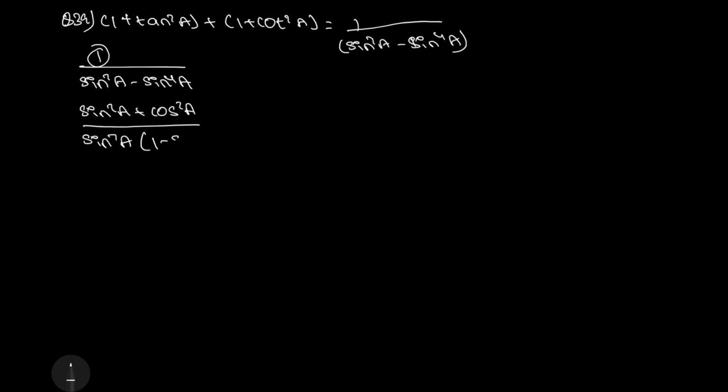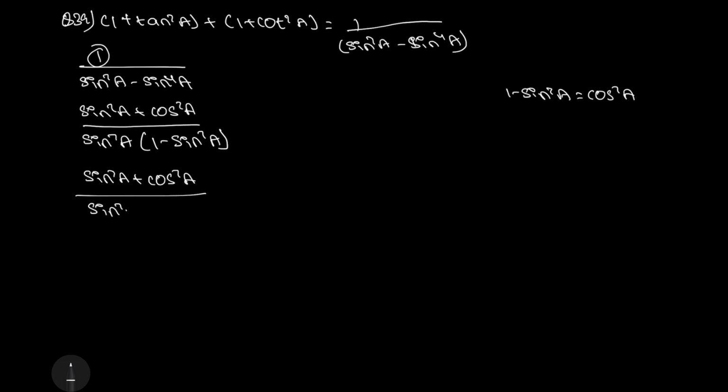We'll get 1 minus sin square A. And from our identities we know that 1 minus sin square A is nothing but cos square A. Now replace this with cos square A. We'll get sin square A plus cos square A by sin square into cos square. Divide this into two different factors because we have two terms in the numerator.